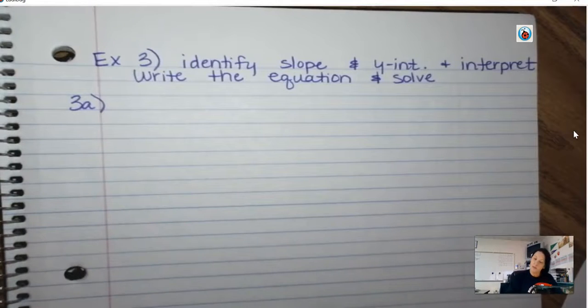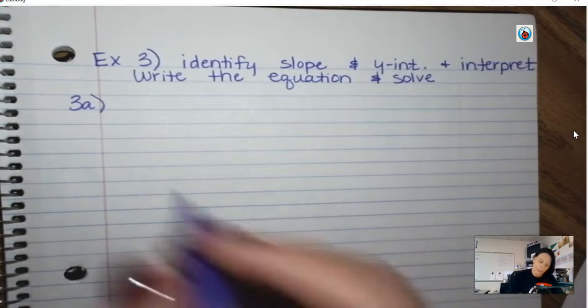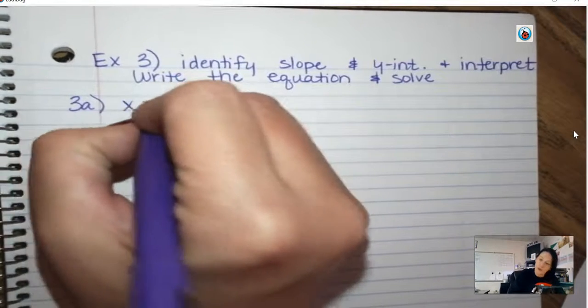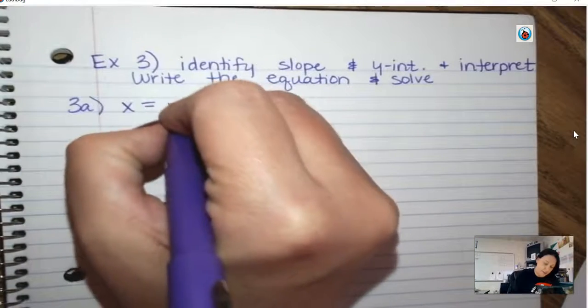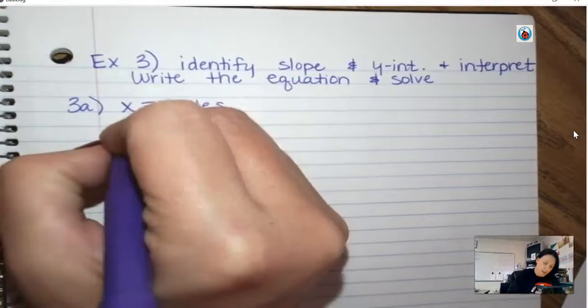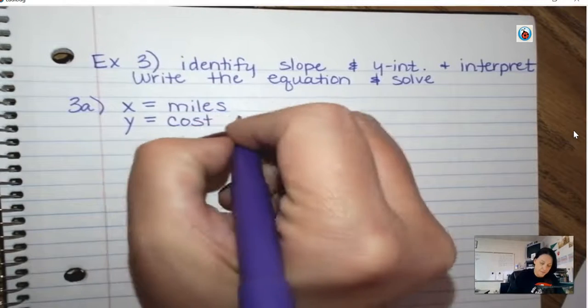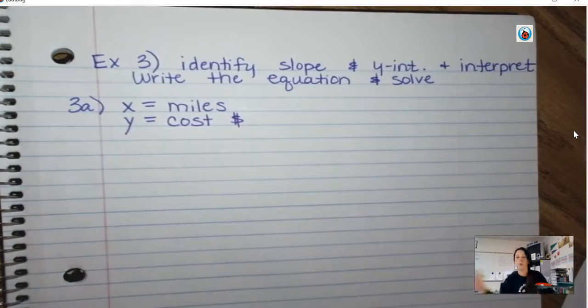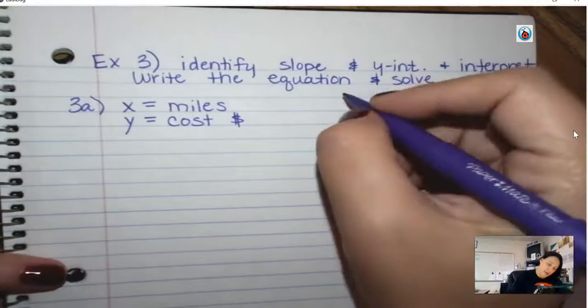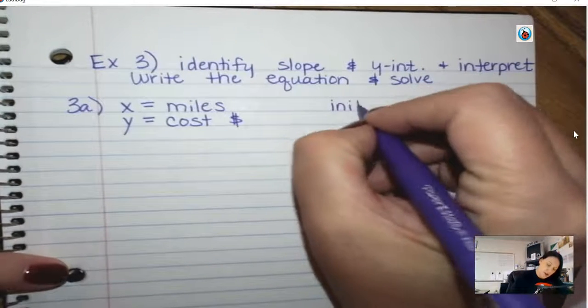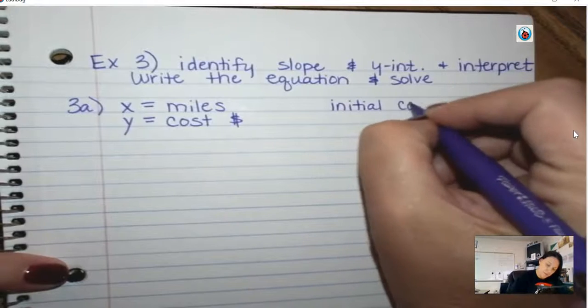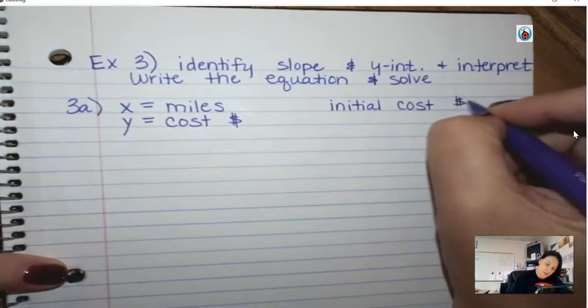Okay, let's write down the important information. It says that x stands for miles and y stands for the cost. It tells me the initial cost is $2.50.